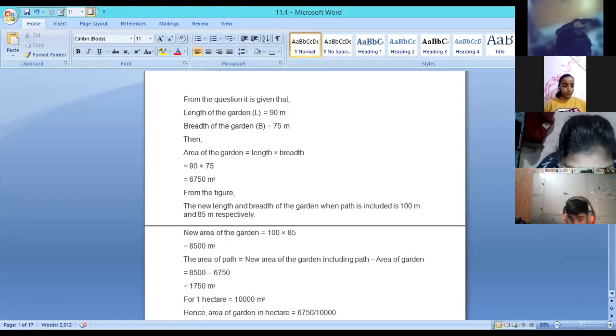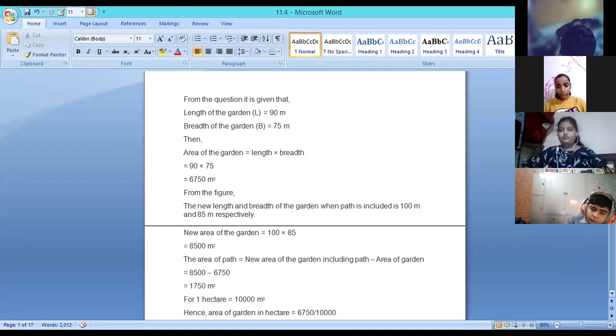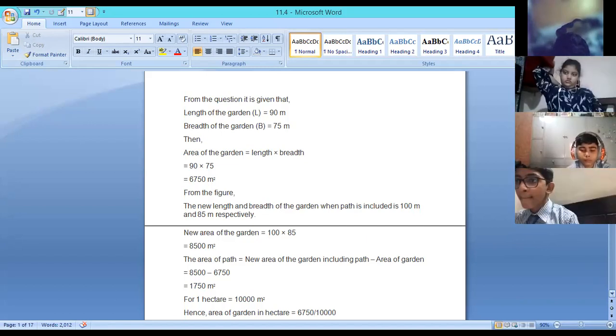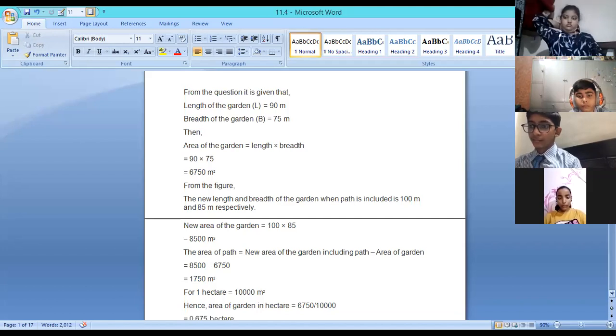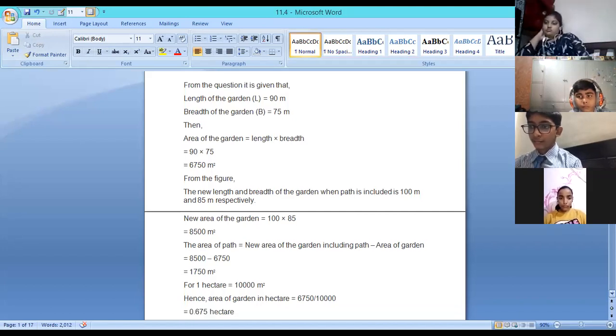So how much will you get when you divide it? Yes, 0.675 hectares. Swastik, right answer.